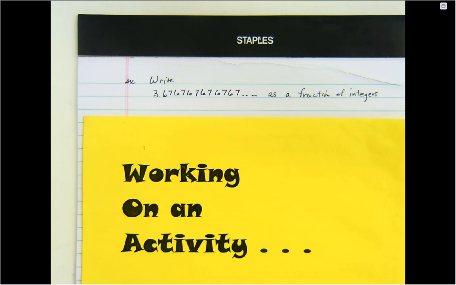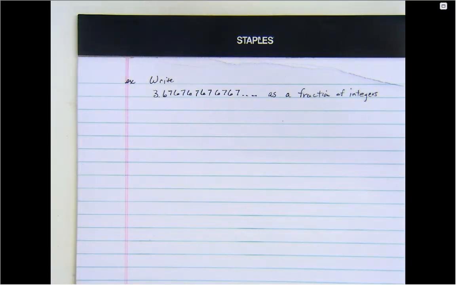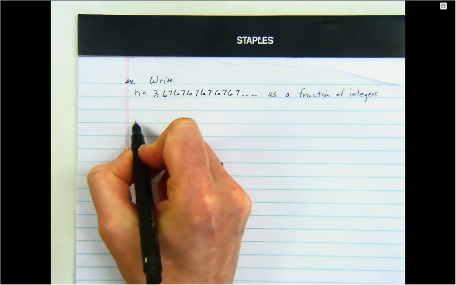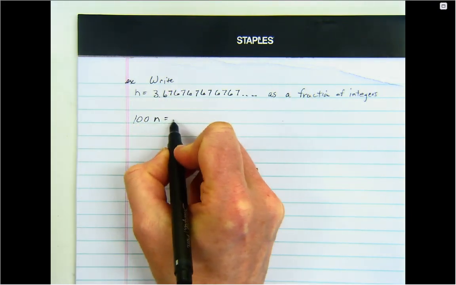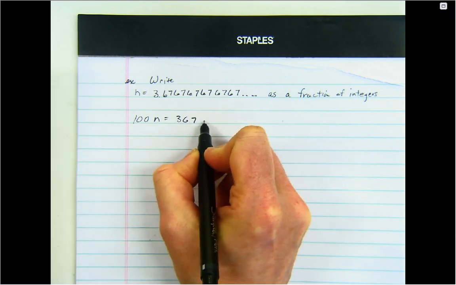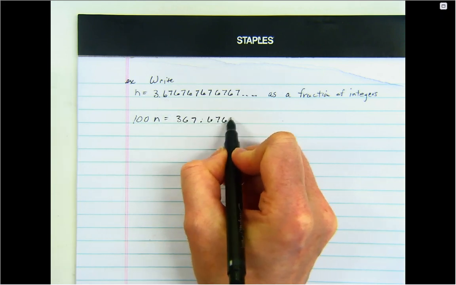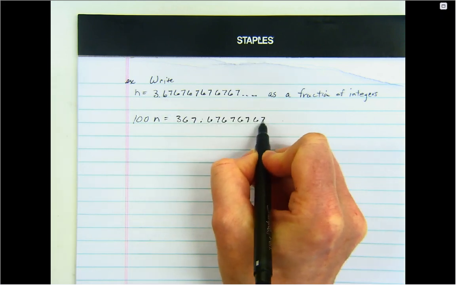Does anybody have questions about these questions? So when you multiply by 100, your decimal moves 2 to the right, because there were 2 zeros you multiplied by.